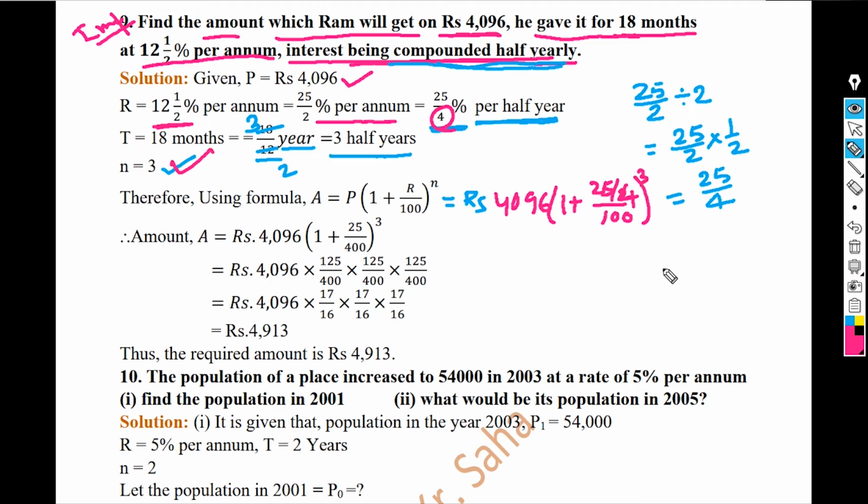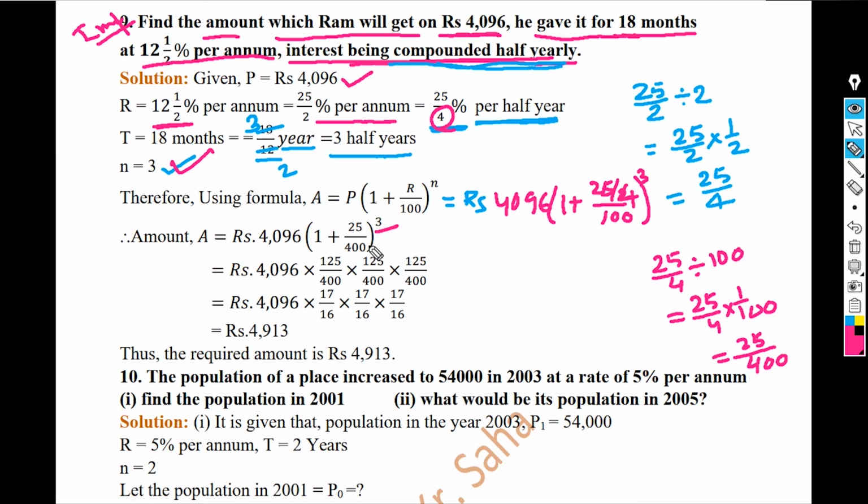Now 25 by 4 divided by 100 can be written as 25 by 4 into 1 by 100, and it is 25 by 400. That's why I have written 25 by 400 to the power 3.